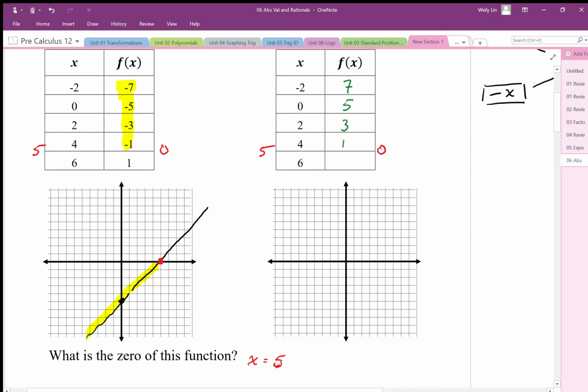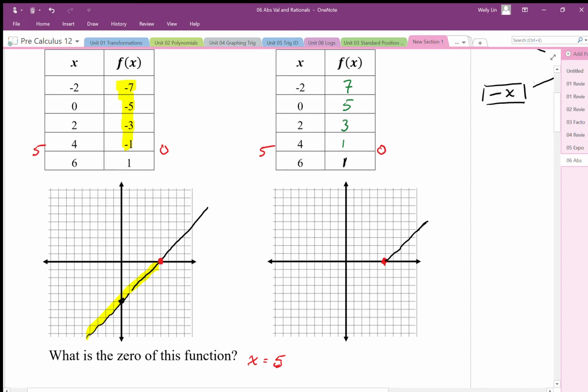So when the absolute value actually does something versus when the absolute value stays the same. So from 5, when I draw my new coordinate here, my new graph, at that point, that's a key point. Because when the inside of the absolute value is equal to 0, that's the boundary. And on this side, everything just stays the same.